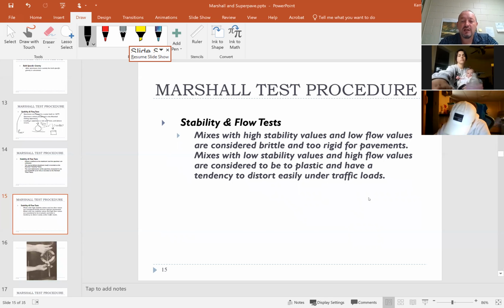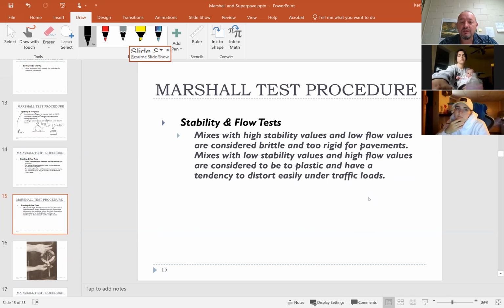Now here's probably a good slide to mark. If you have a mix that has a high stability value, so a mix that is really strong, but yet a very low flow value, so it didn't deform much but is very strong, those are on the brittle side. It's not flexible enough and too rigid for pavements.